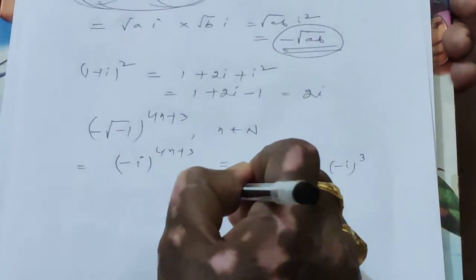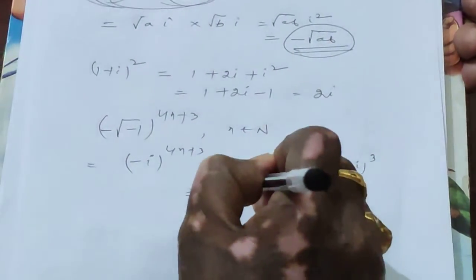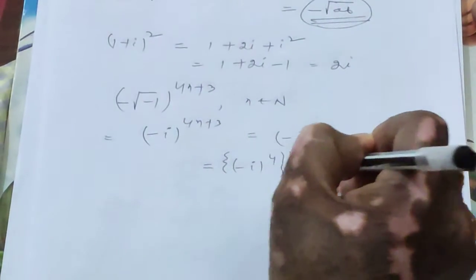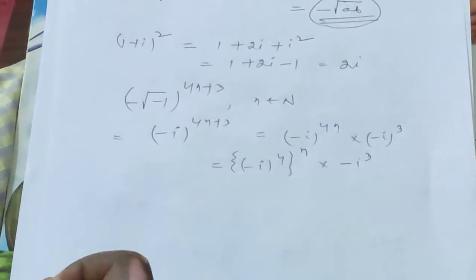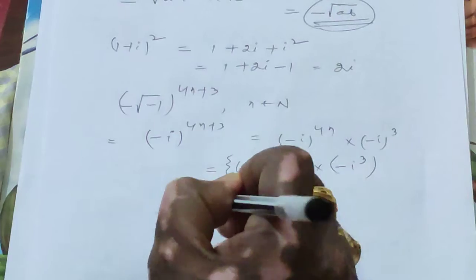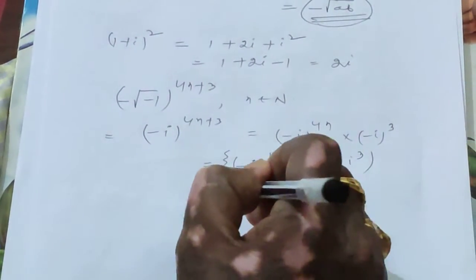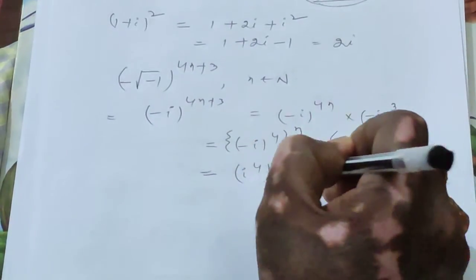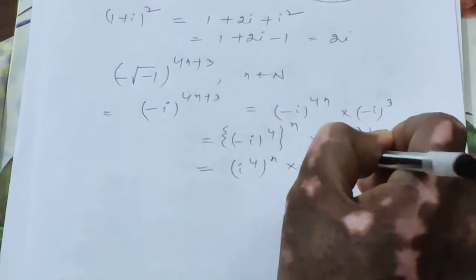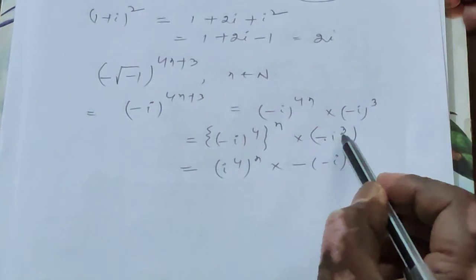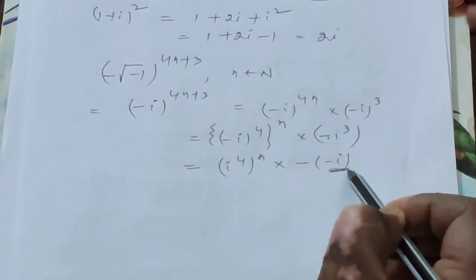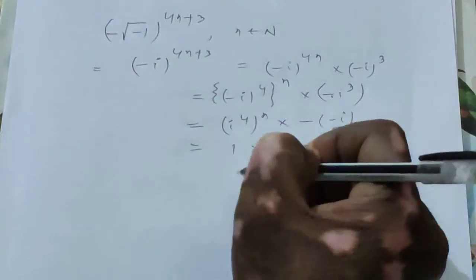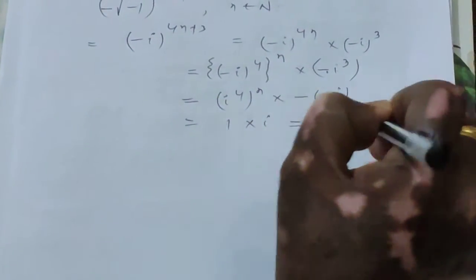This equals ((minus i) to the power 4) whole to the power n into (minus i) cube, equals (i to the power 4) to the power n into minus of minus i cube, which is minus i. So 1 into i equals i.